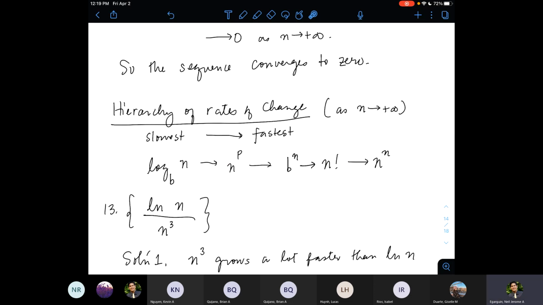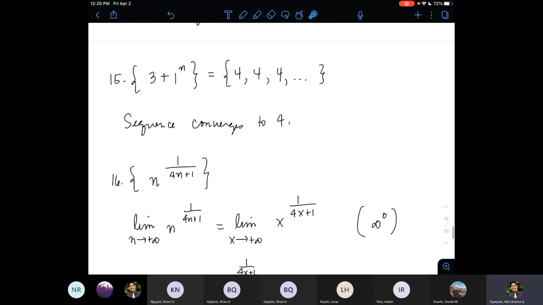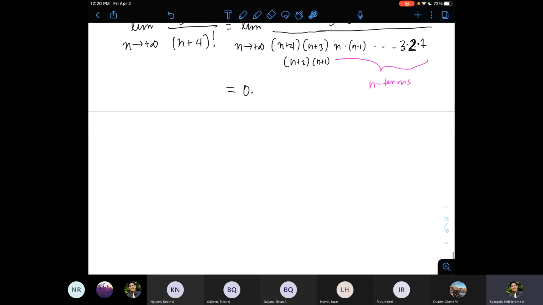Fastest growth can be observed for n to the n. All right. So you can apply that rule of hierarchy. If the denominator grows a lot faster than the numerator, then it's converging to 0. If the numerator grows a lot faster than the denominator, then it will diverge. It will tend to infinity.